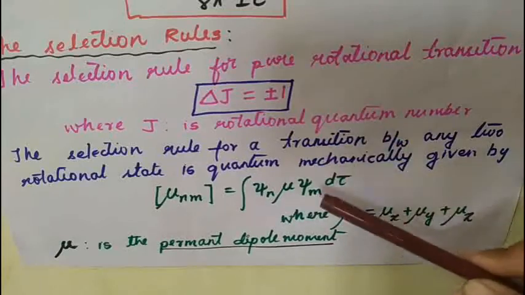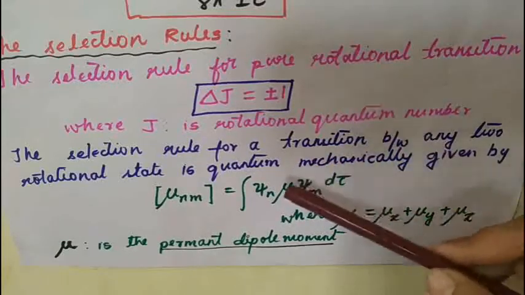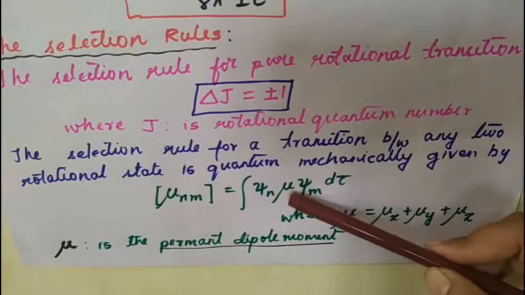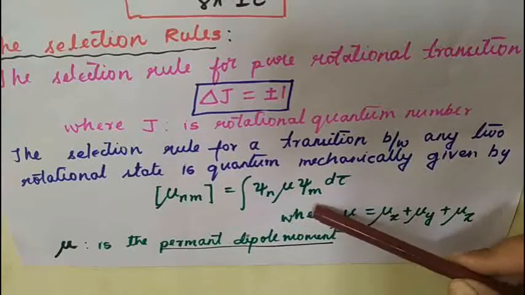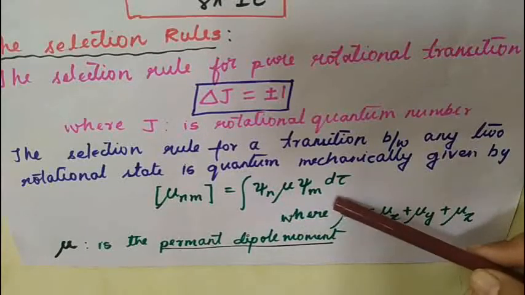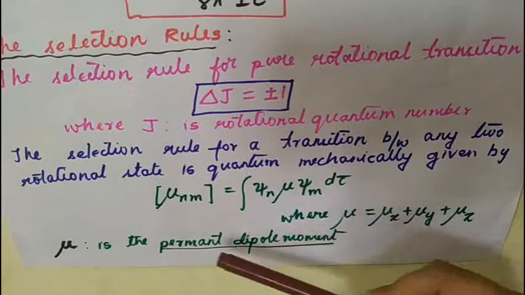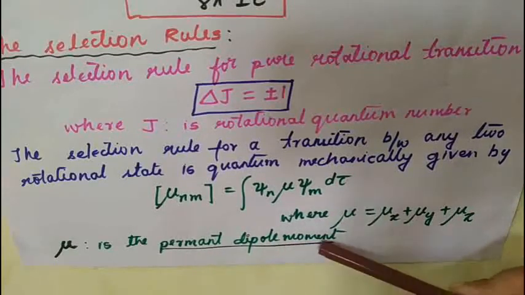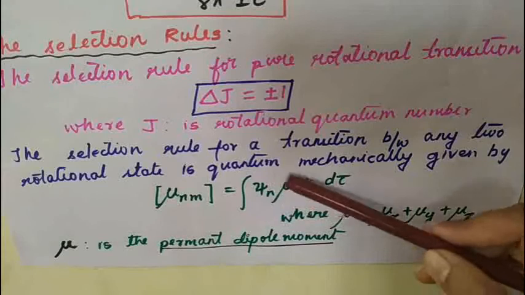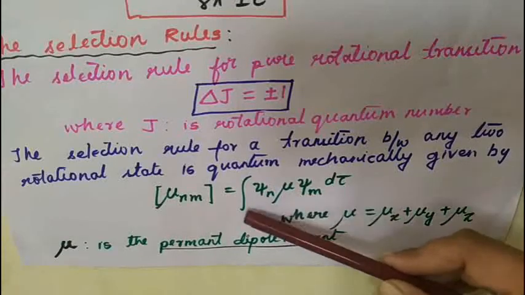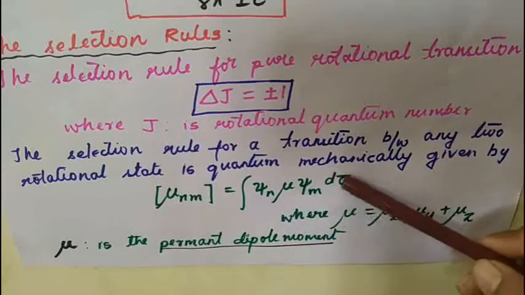Transition occurs from initial to final, and having a permanent dipole moment is important for any molecule to exhibit microwave spectroscopy. This is the function that we have to integrate over the volume element d tau.